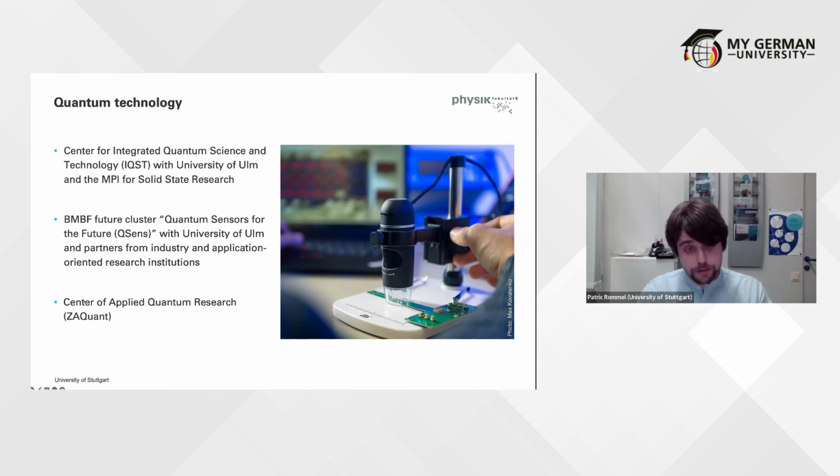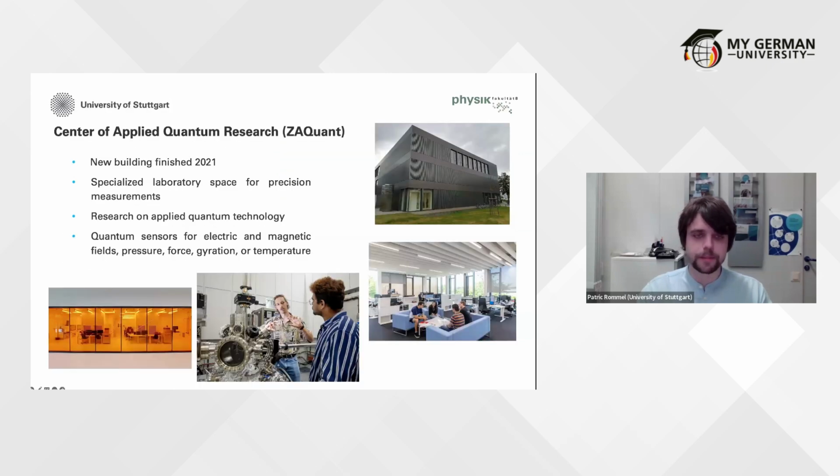And now, for a few years, we have had the Center of Applied Quantum Research, which is a new research building for quantum technology. This was finished in 2021. This is a whole new building we've had since then, with really specialized laboratory space for precision measurements. So you have, for example, laboratories where the whole room is floating to shield it from external vibrations, just as an example.